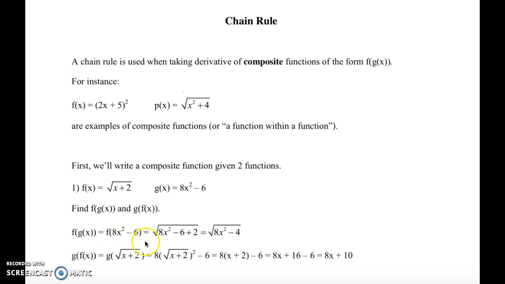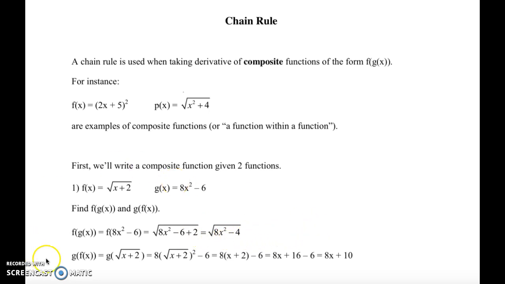So the square root of x plus 2, that x takes on our g of x, 8x squared minus 6, and then we add the 2 to it. And all of that is underneath our square root. And when we go ahead and simplify this, we have the square root of 8x squared minus 4. We can't do anything else with that.